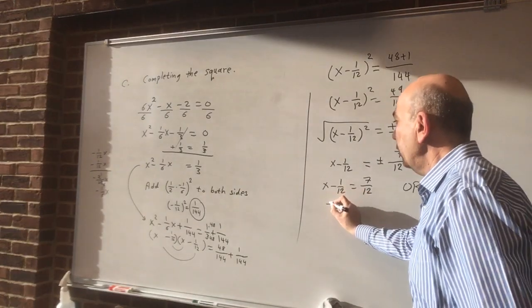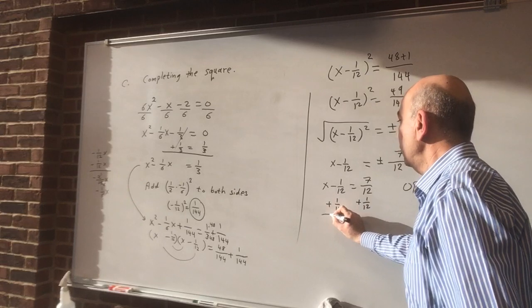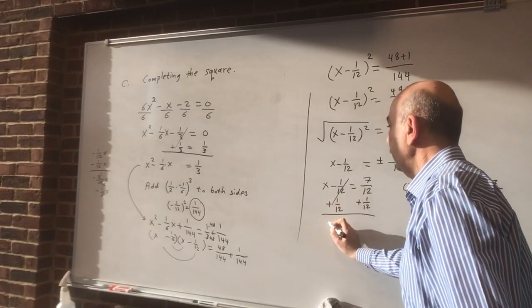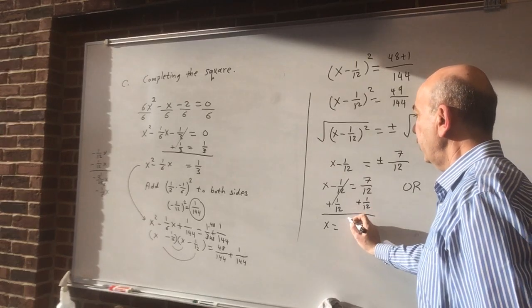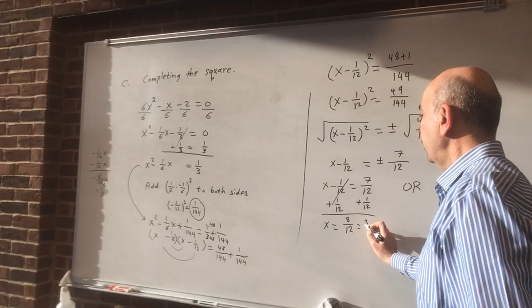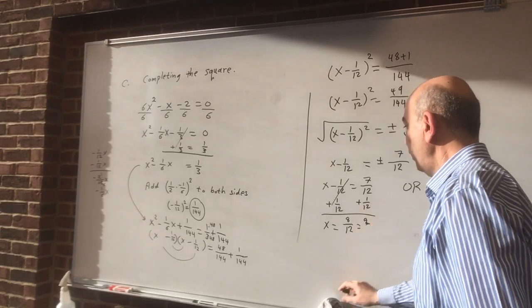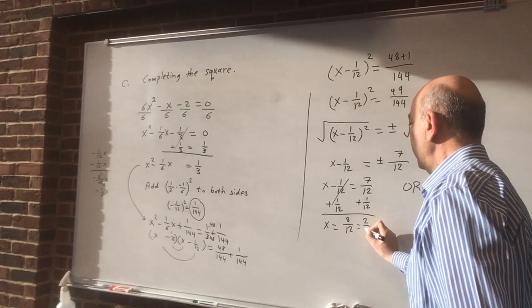Simplify, so add 1 over 12 to both sides. So we get x equals 7 over 12 plus 1 over 12, which is 8 over 12, and dividing by 4 this equals one third.